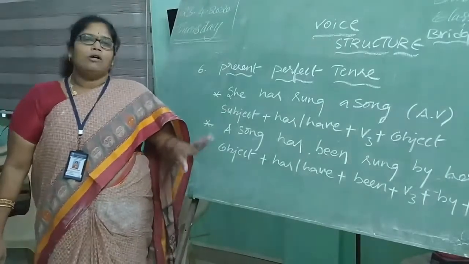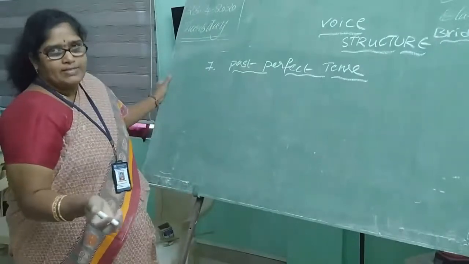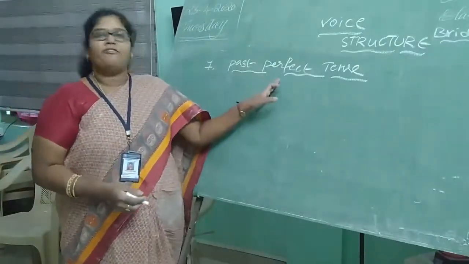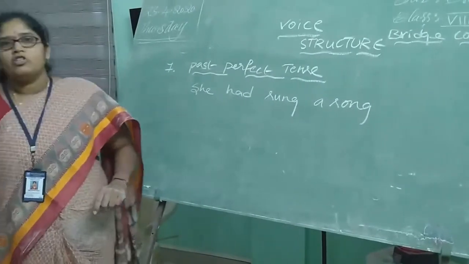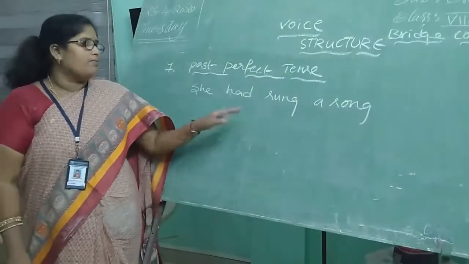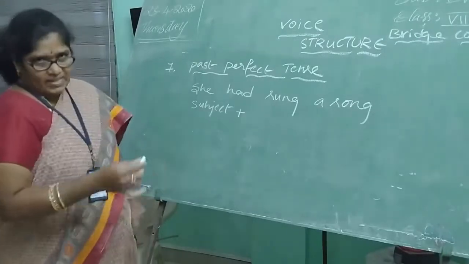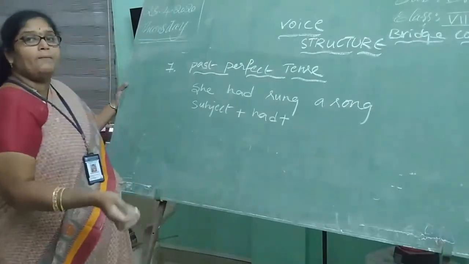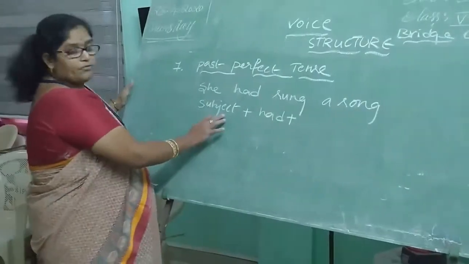Okay, and now let me start past perfect tense. Now let us see past perfect tense. She had sung a song. The structure of past perfect tense: subject plus had plus V3 plus object. For singular and plural subject also the same had comes, children.